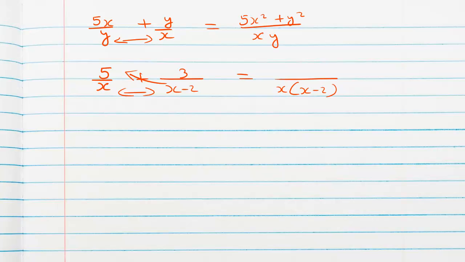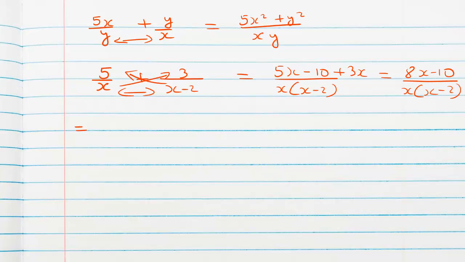Now we will multiply this side over here and this side over here completely. So 5 times x, that's 5x. This is negative 10 plus 3x. So we get 8x minus 10 over x times x minus 2. Again, with enough practice, you will learn this very quickly.